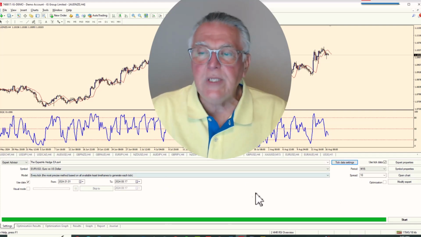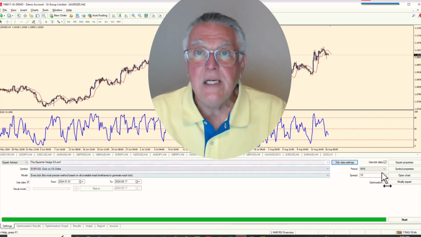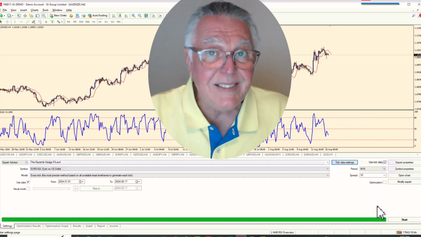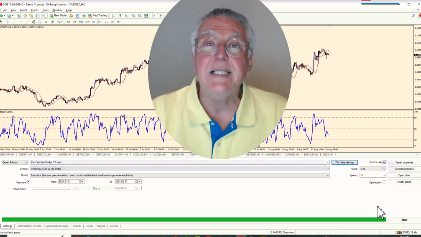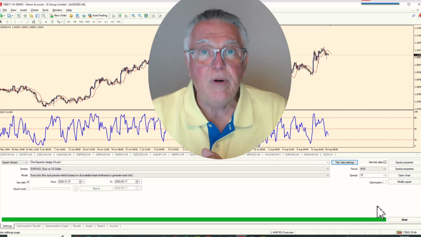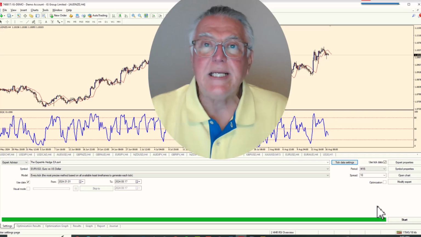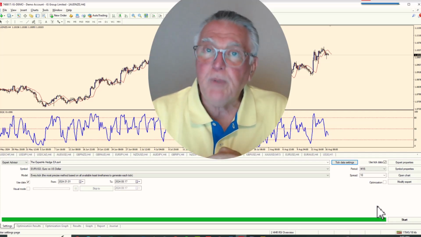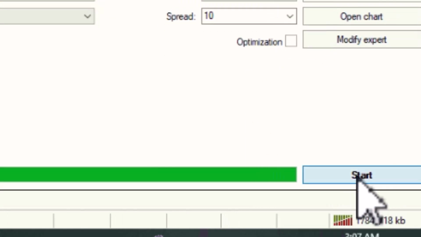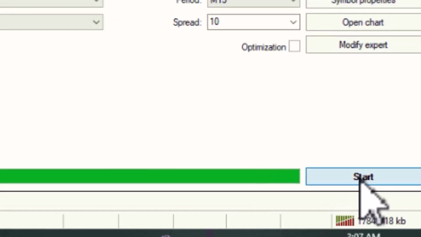What we're going to do now is run the settings that are in there. And by the way, these settings are not optimized settings. They are just reasonable settings that I have entered that I think will be profitable. A full every tick optimization could possibly take 2 to 3 days. So I'm just going to run the settings that are in there right now, and let's go.